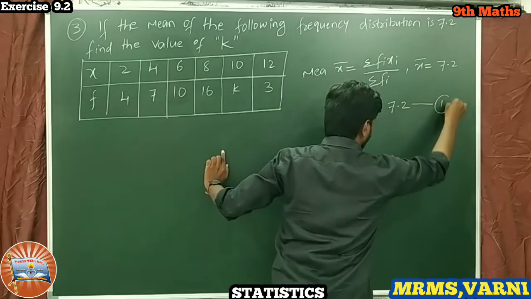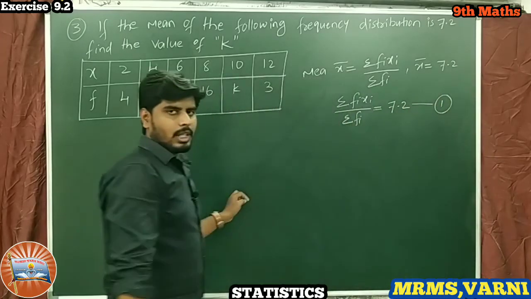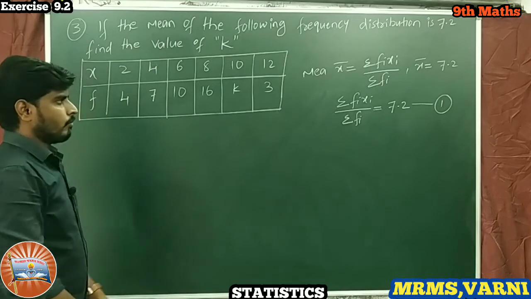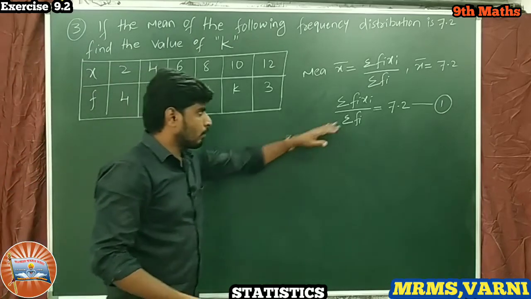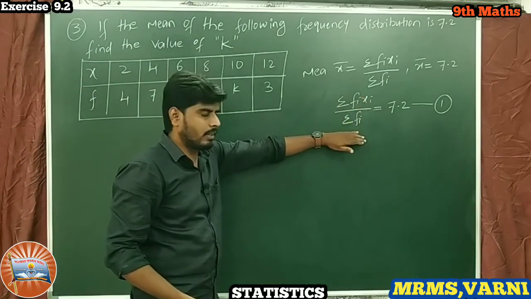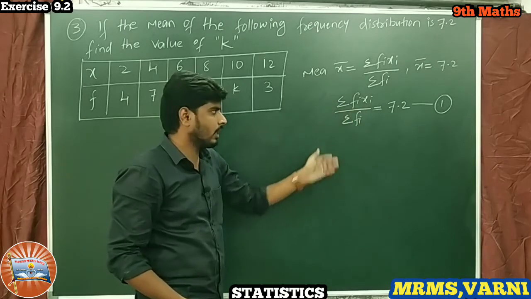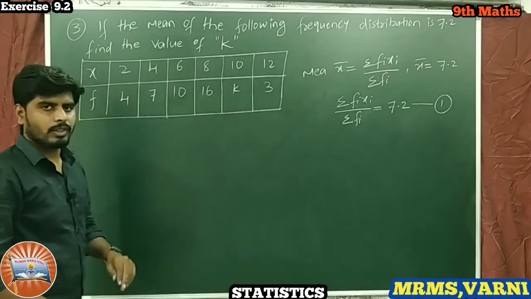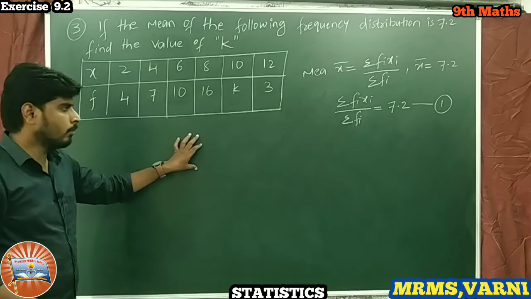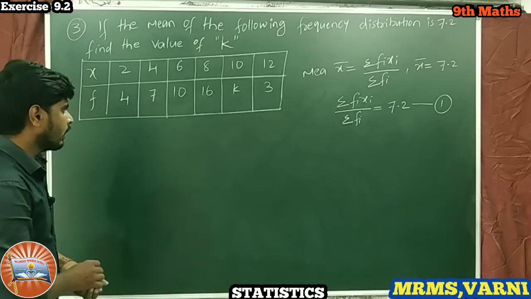Consider it as equation 1. So now we have to find sigma fi xi and sigma fi, and substitute the values in this equation. We'll get the k value. Is it clear? This is a very important problem. This model is very important.